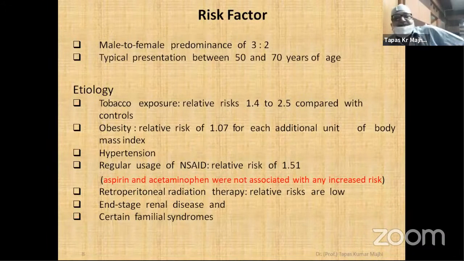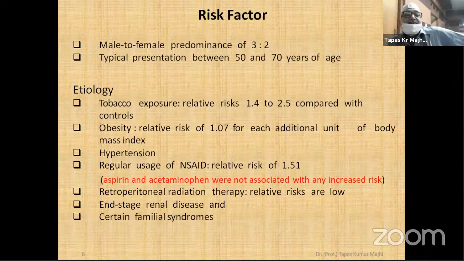There are different risk factors responsible for renal cell neoplasm. Male to female predominance is 3 to 2. Typical presentation is at 50 to 70 years. Tobacco exposure carries a relative risk of 1.4 to 2.5 compared with controls.